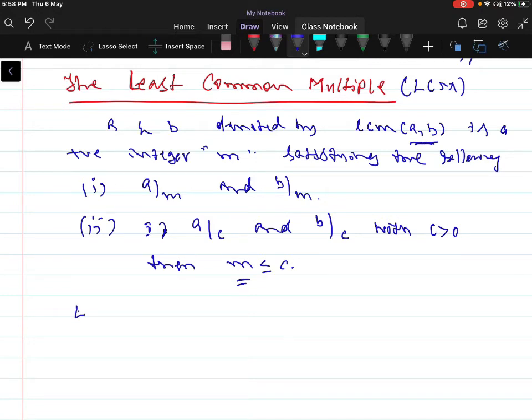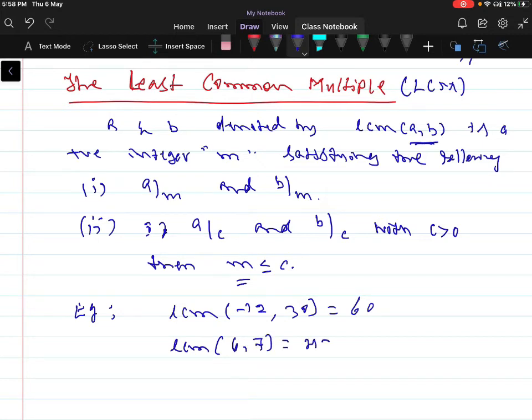For example, LCM of minus 12 and 30 is equal to 60. Both minus 12 and 30 divide the number 60, therefore 60 is the least common multiple of both integers. Let us take a second example: LCM of 6 and 7 is equal to 42.